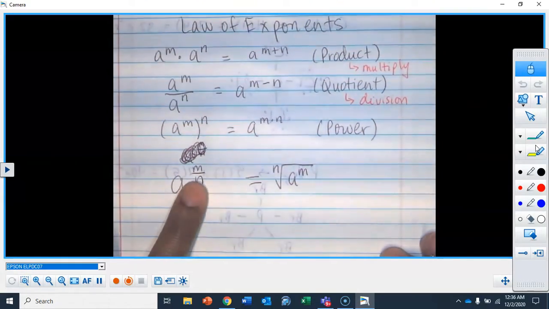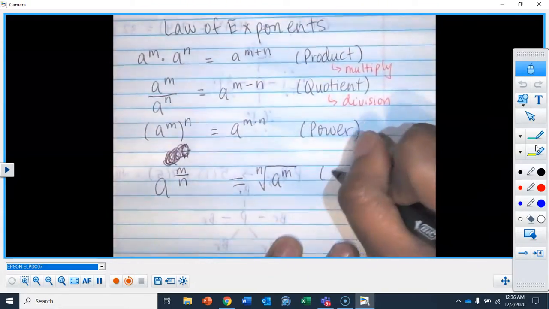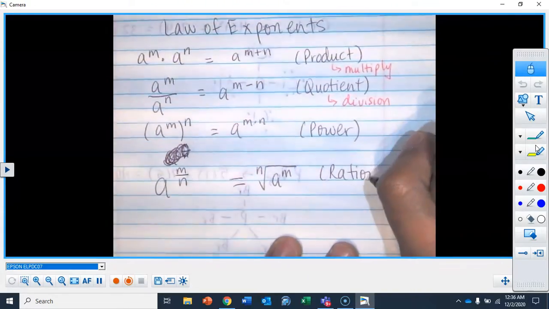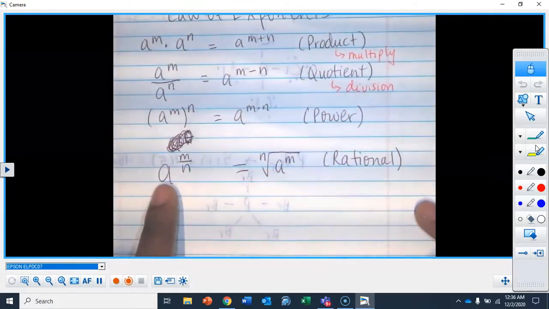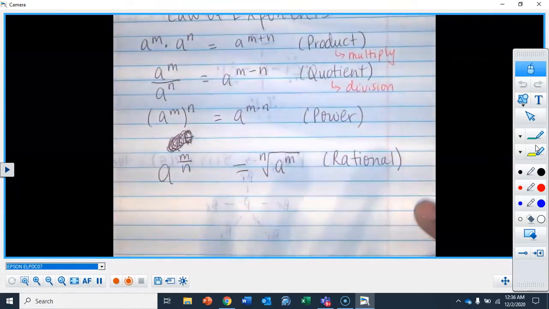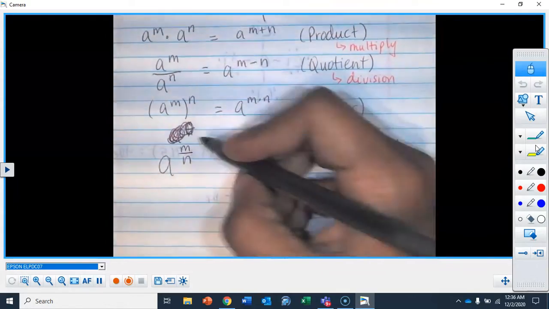And then this n can be a root number. So again, this one's called the rational exponent. And listen to what I say very carefully. When you see this on the star, it's actually pretty straightforward. So I don't want you to freak out about this. You'll just see how it's applied when I pull some examples out. Okay, last one. Well, 2 more.